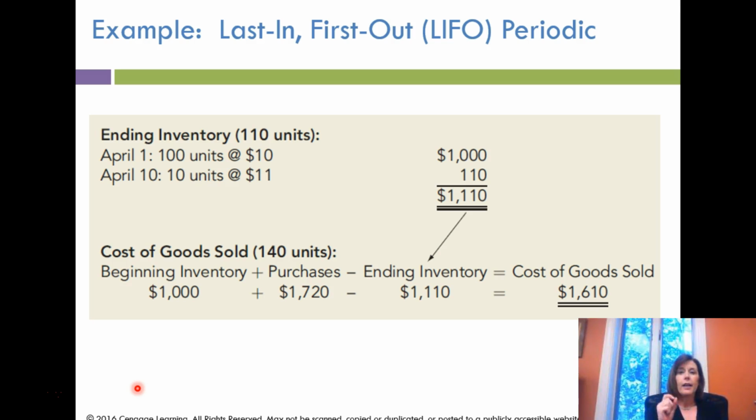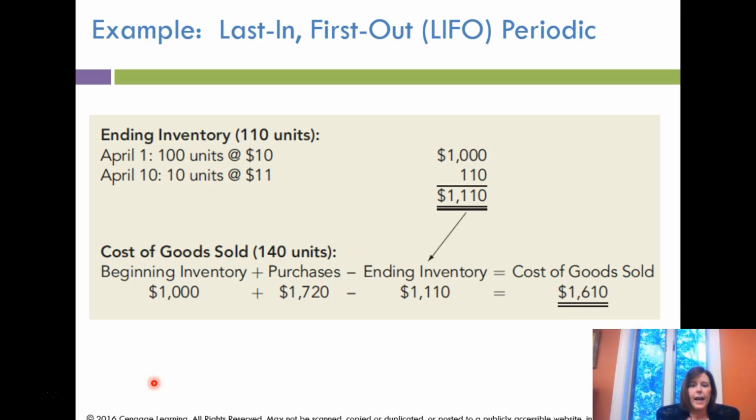So again, with the LIFO method, the stuff that we purchased most recently is the stuff we've sold first. So what's left in our inventory is the stuff that we started our accounting period with. The stuff that's left is our beginning inventory and maybe some of our first sets of purchases, which is what we've got in this case.